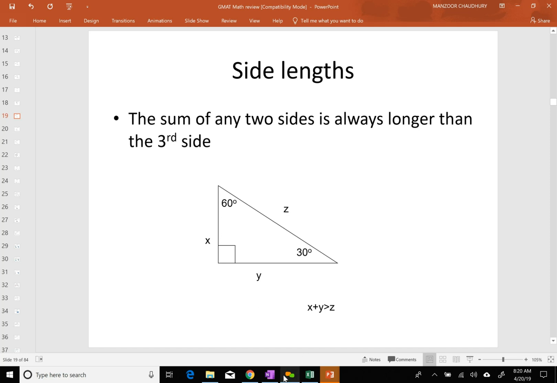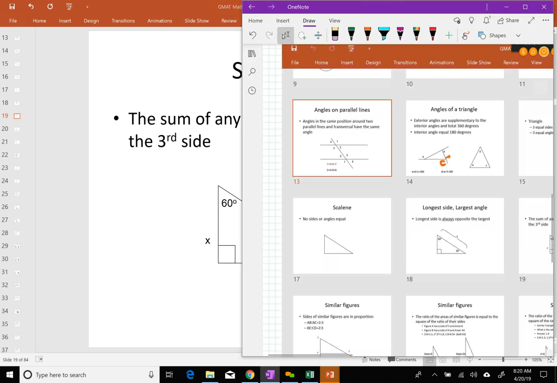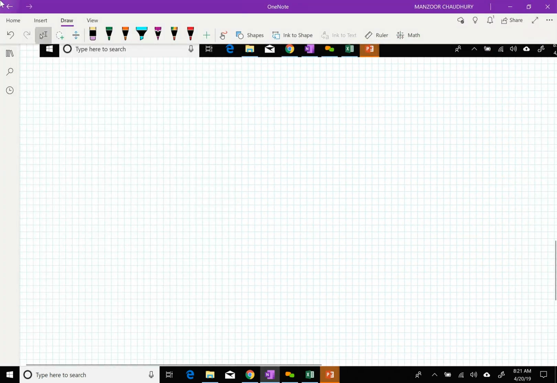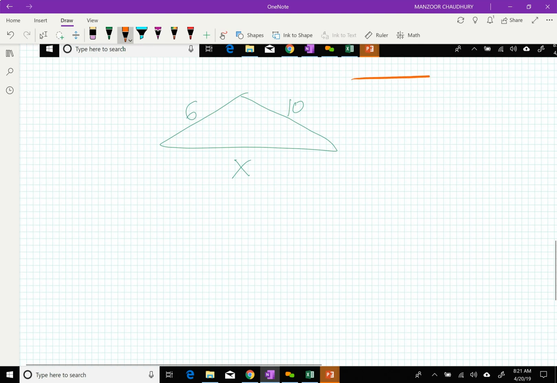And actually the other way also, let me show you an important thing you need to know. Let's say you know 2 sides of a triangle and you don't know the third side. Let's say this is 10 and this is 6, and the third side is x. How do you find out how big x can be? When you were little, you played with pencils in elementary school.